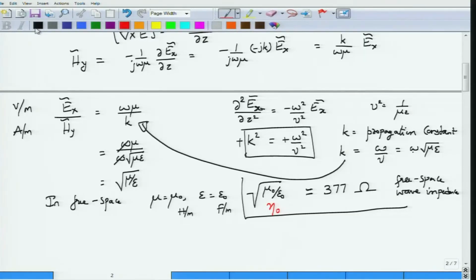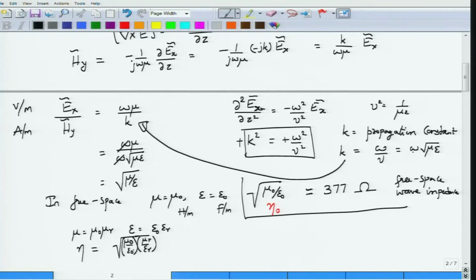What if your medium is not free space, right? If the medium is not free space, I know that mu can be written as mu 0 mu r, epsilon can be written as epsilon 0 epsilon r. So substituting this in square root of mu by epsilon and calling that entire thing impedance eta, you are going to get square root of mu 0 by epsilon 0 into mu r by epsilon r under root, correct.